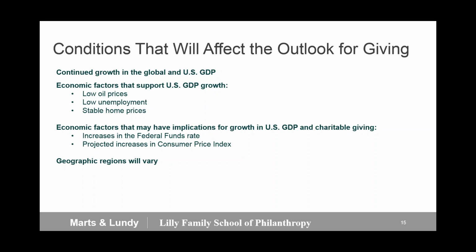In January 2016, the International Monetary Fund, which releases global projections, projected 3.4% growth for the overall global economy, and then 3.6% in 2017. These projections are somewhat downward revised from what was initially projected in October 2015.